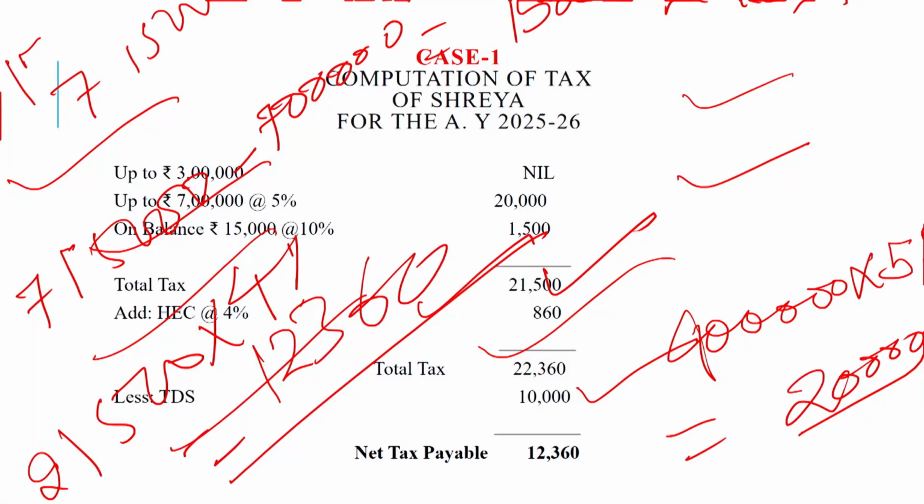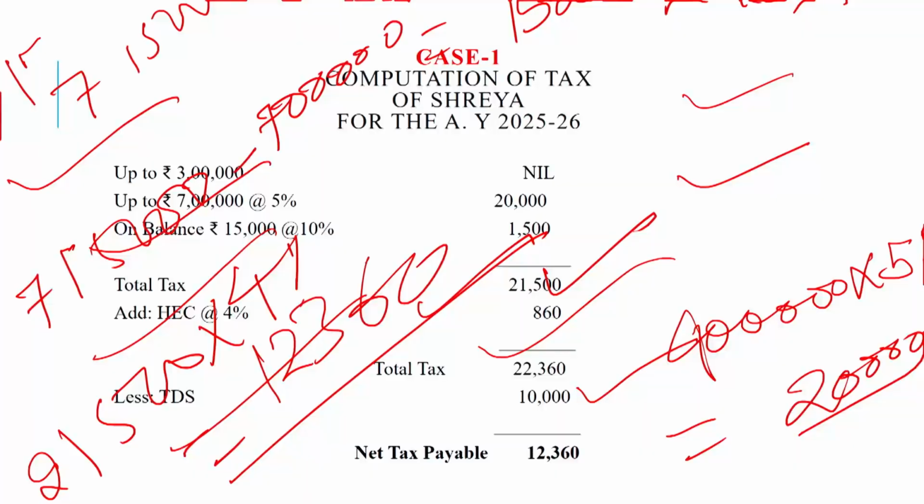So 12,360 is the amount of net tax. The 22,360 is also called gross tax. After deducting the TDS, the resulting value is called the net tax.